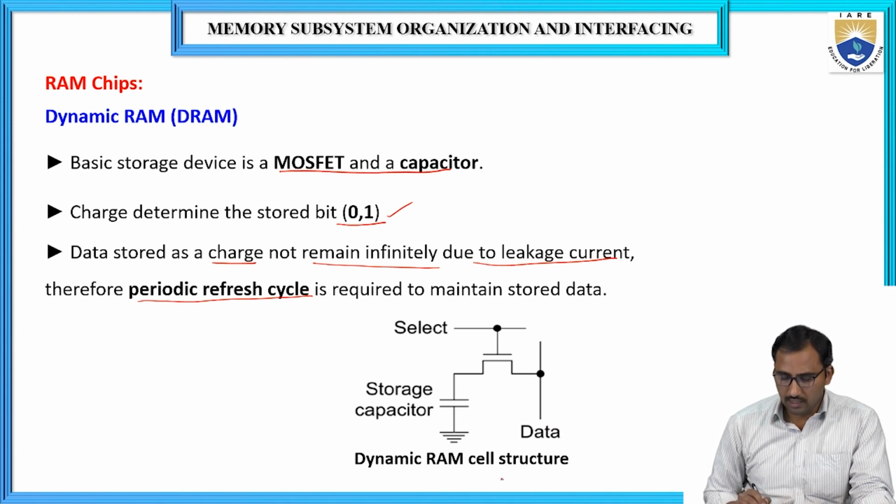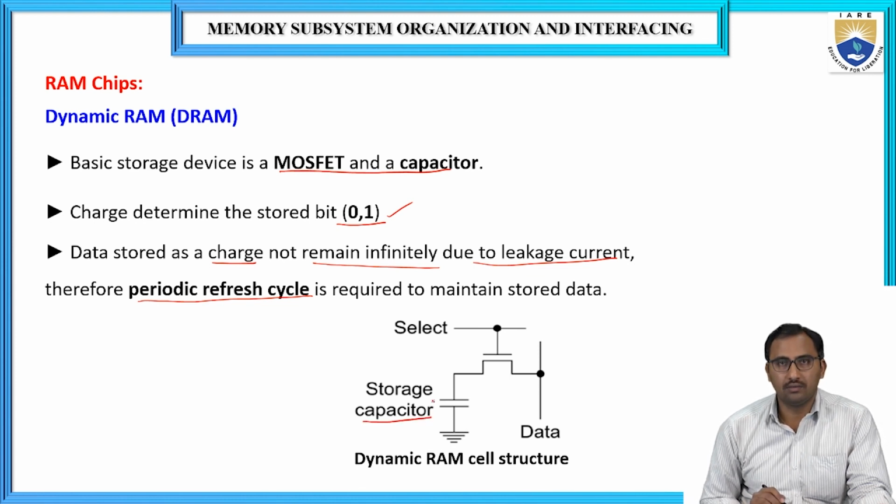If you look at the dynamic RAM cell structure, here we are using a storage capacitor. This is a leaky capacitor. That means the charge stored in the capacitor will not be retained infinitely. It will discharge with respect to time, because it is a leaky capacitor.